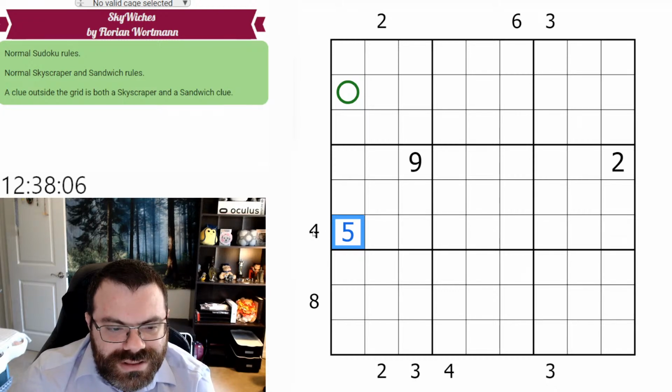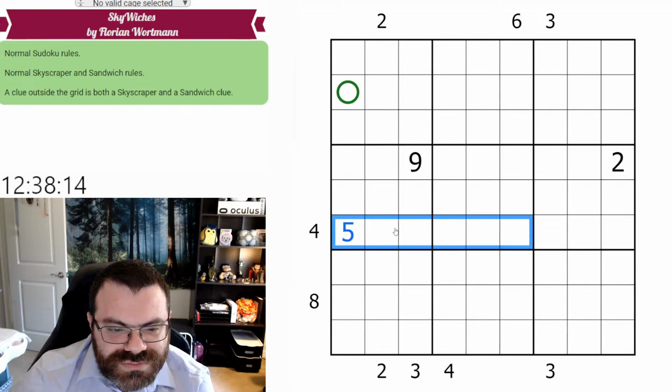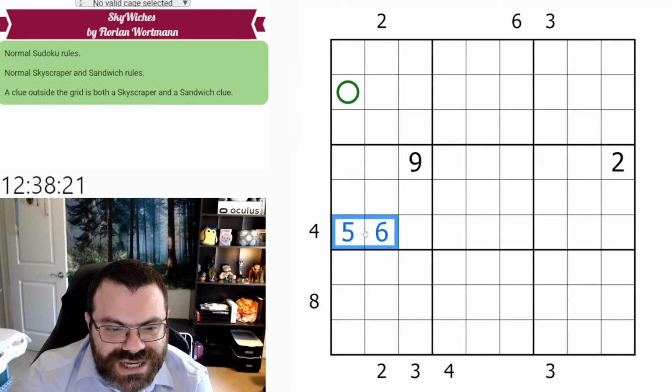Now, the clue is the number of skyscrapers you can see, following the rule that you can only see skyscrapers that are taller than all of the skyscrapers before that. So if I put a 6 here, then I can see the 5 and the 6, and now I see 2 skyscrapers. But if I put a 2 here, I can't see that 2, because it's hidden behind the 5. So I still only see 1 skyscraper.